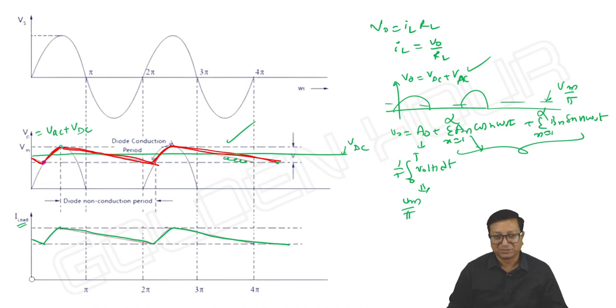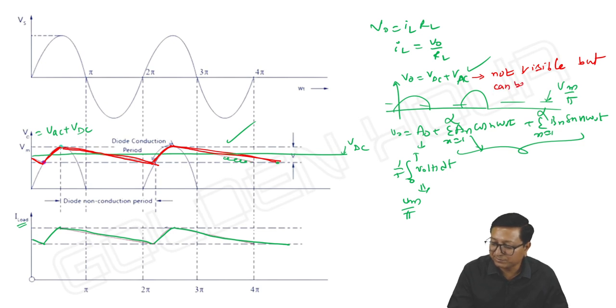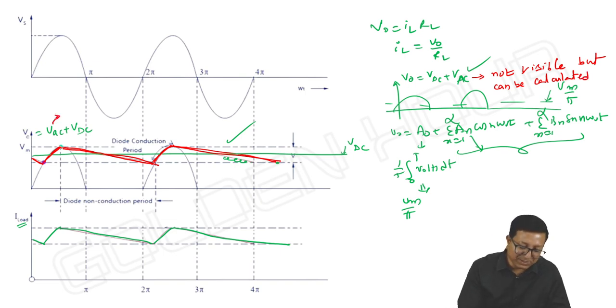Is it not so? It is visible. Here the AC component is not visible but can be calculated. Here the AC component is visible. That is the only difference. Here I can say the AC component is not visible but can be calculated using Fourier series. Here the AC component is triangular, so it is visible.